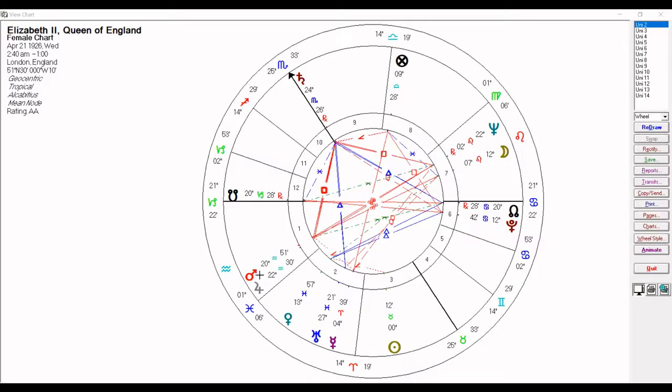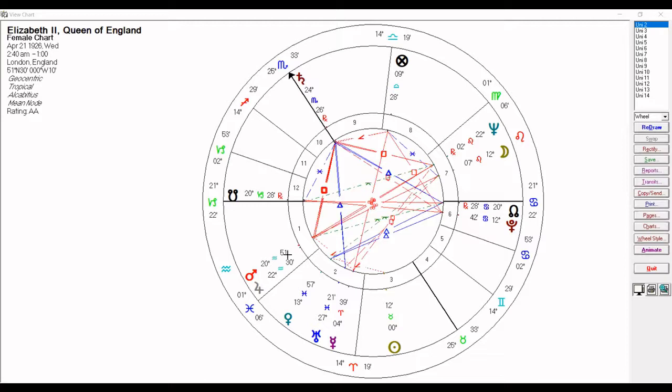Mars is applying to Saturn. Mars is a faster planet than Saturn. Mars is applying to the square of Saturn. Mars is in Aquarius, Saturn is in Scorpio. This means that this is not a malefic square. This square is actually a benefic square.